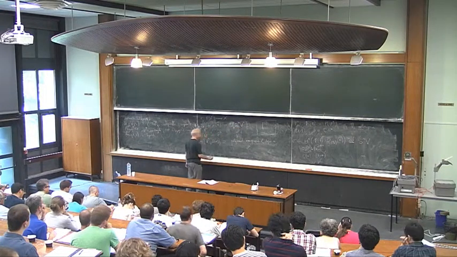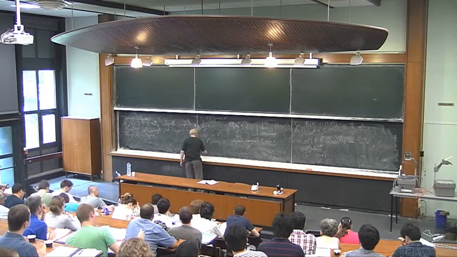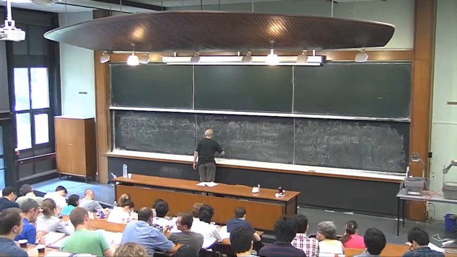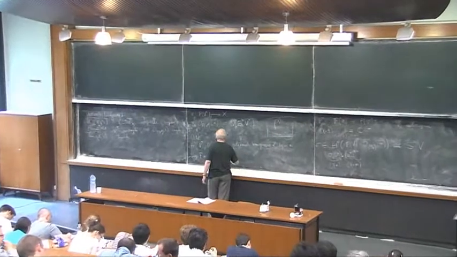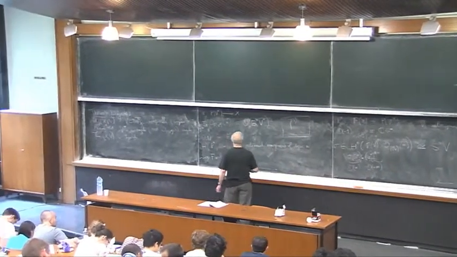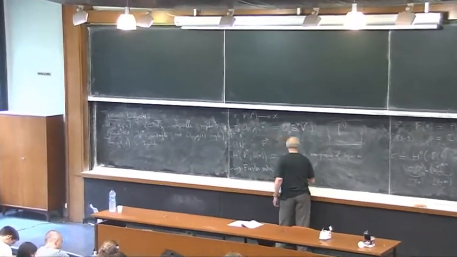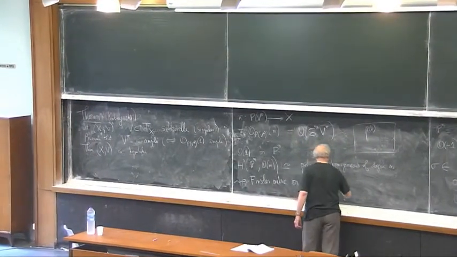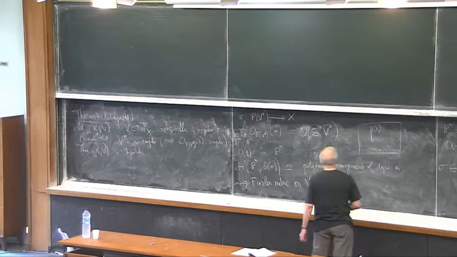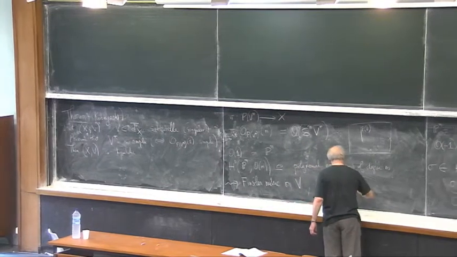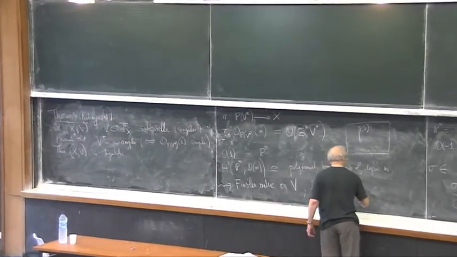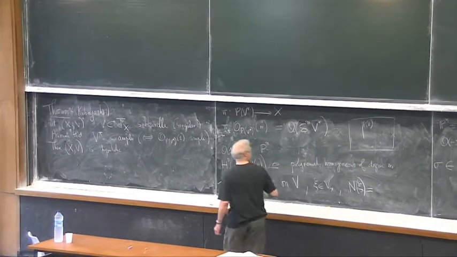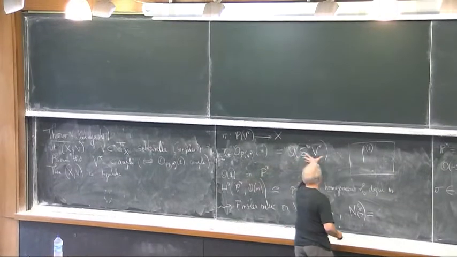And now you can define a Finsler metric on V. Take an element xi in V_x. Then you define the Finsler norm. You have a lot of sections here, so you pick a family of sections.